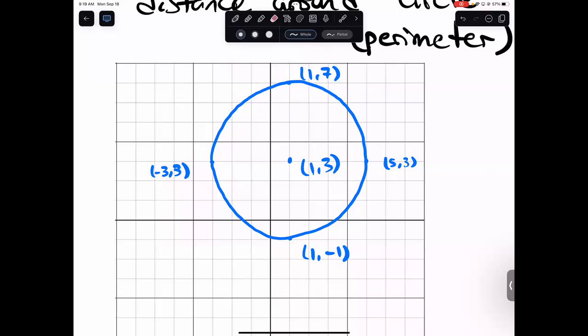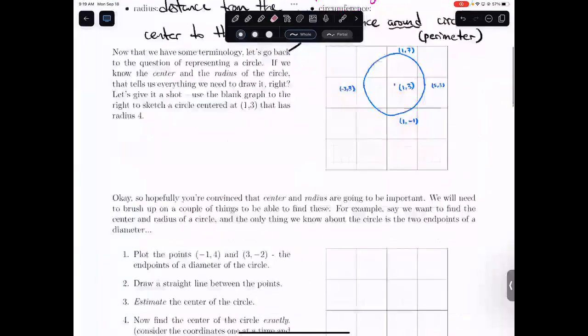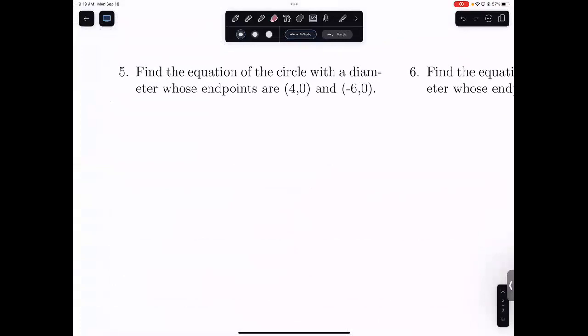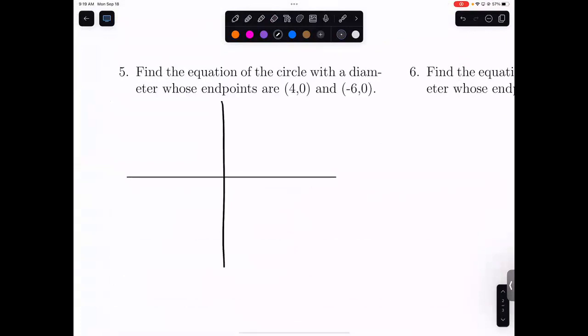So if I tell you, let's actually flip over right here real quick. If I tell you that the 2 points (4, 0) and (-6, 0) are the endpoints of a diameter for a circle.